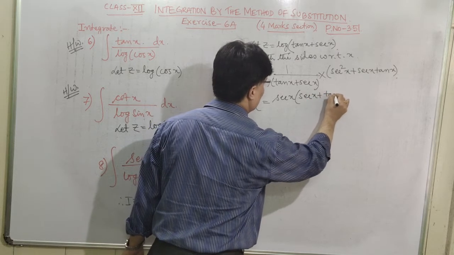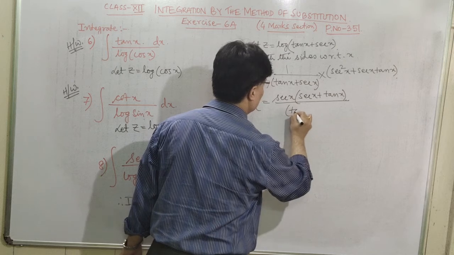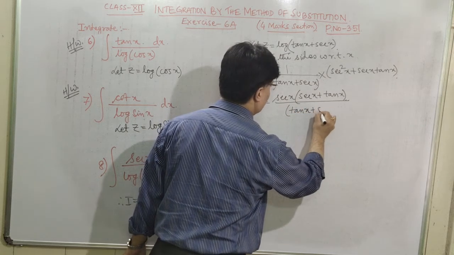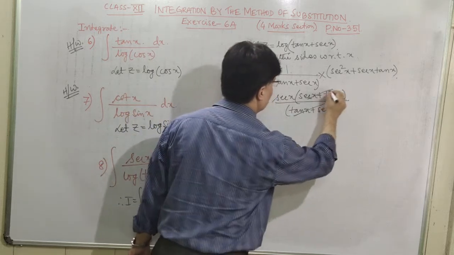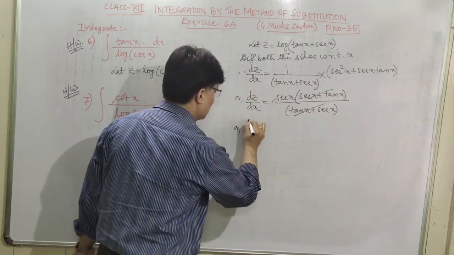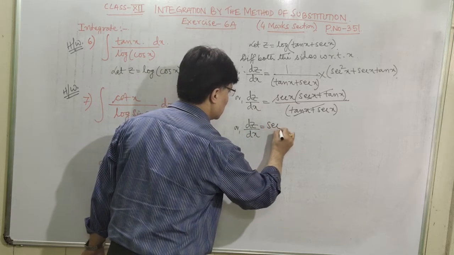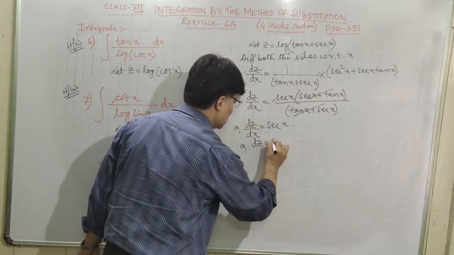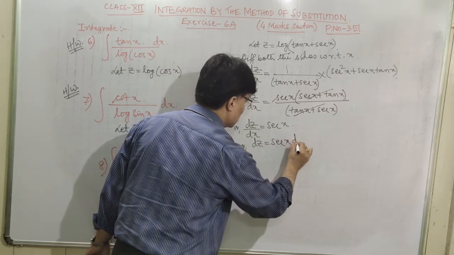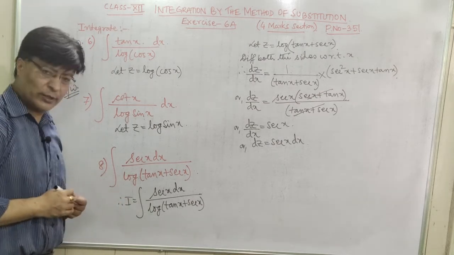It is sec x times sec x plus tan x, divided by, in the denominator, tan x plus sec x. Now we can cancel these two. So dz by dx is equal to sec x. Now cross multiply: dz is equal to sec x dx. So we are getting the numerator.